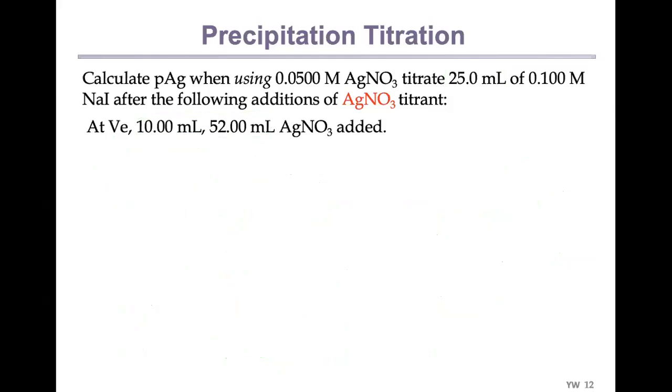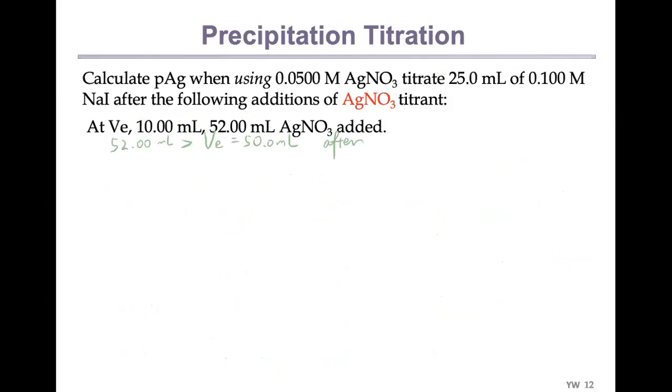Now, the last one, 52 milliliter. This is larger than VE, which is 50 milliliter. So this is after. And for after, we will have excess amount of silver.